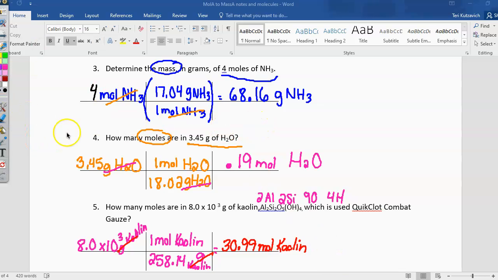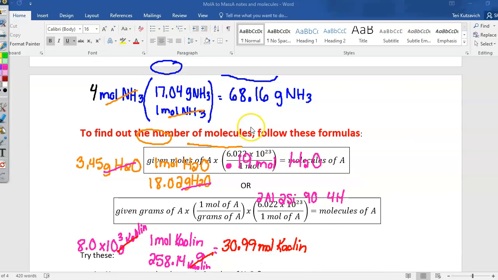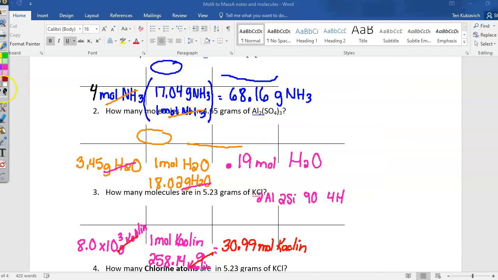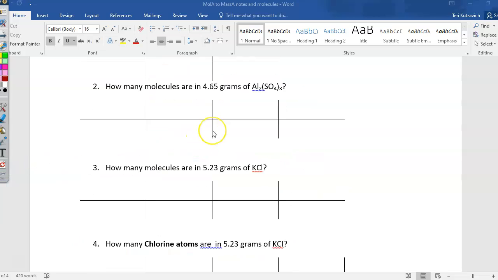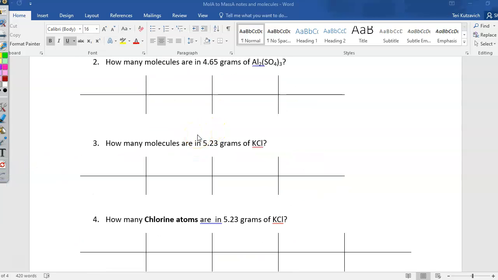We're going to move on down to these molecule ones. These are a little bit different. So, we left off with number 2 for this one. Remember, underline what you're given, circle what you're looking for.